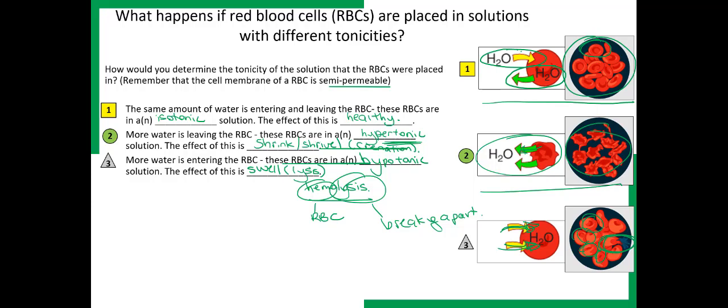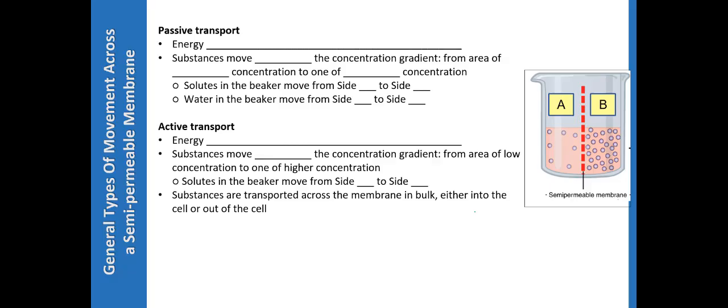So we've talked about water moving across a semi-permeable membrane. But I'm going to move on and talk specifically about movement of substances across a semi-permeable membrane. Water moving across a membrane down the concentration gradient does not require any energy.